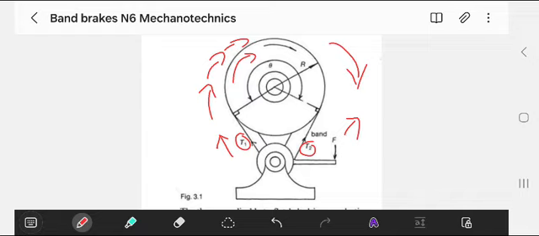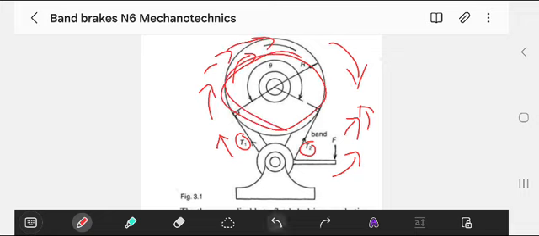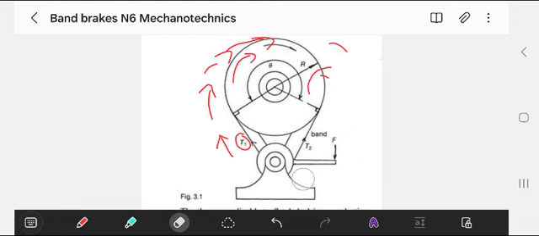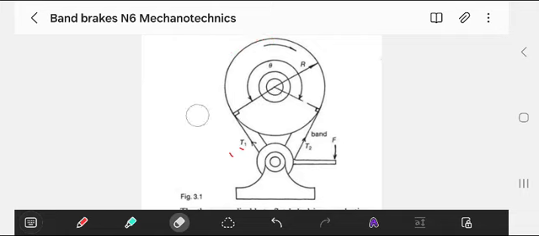Check T2, you see the arrow of T2 there. The arrow of T2 is going in the opposite direction of the rotation. T1 goes in the direction of rotation of the brake drum, and T2 goes in the opposite direction. Right, this is what I wanted you to see there.